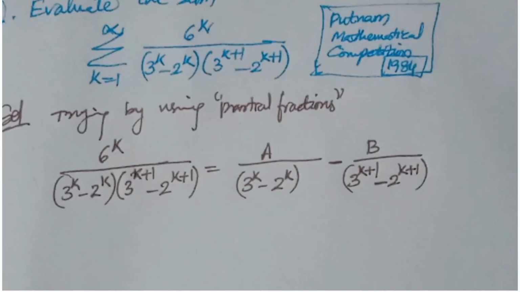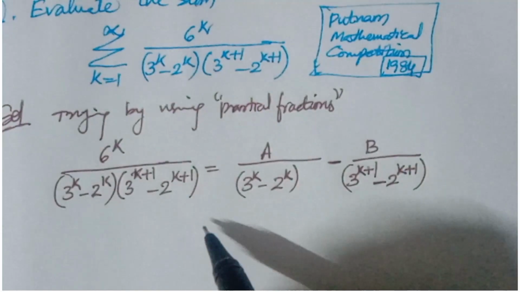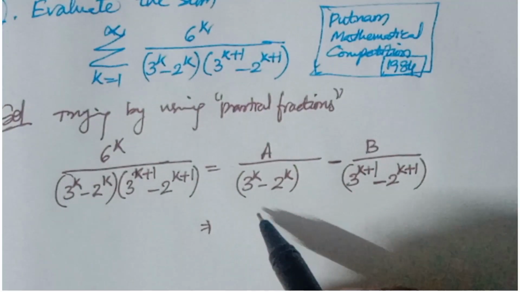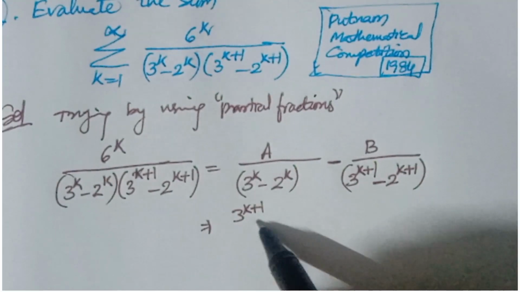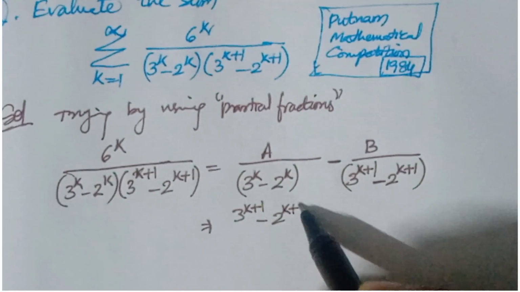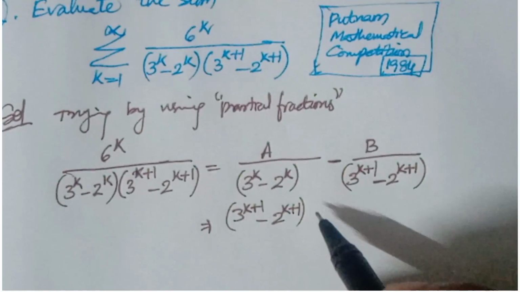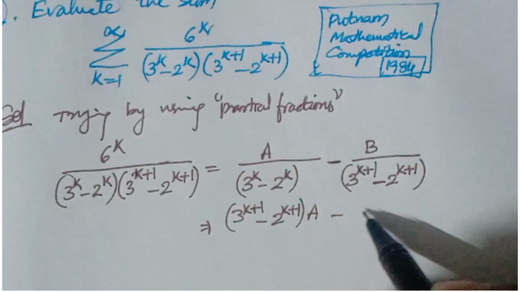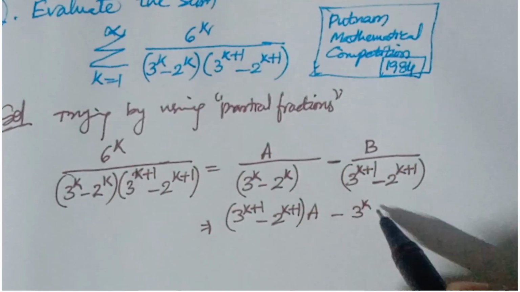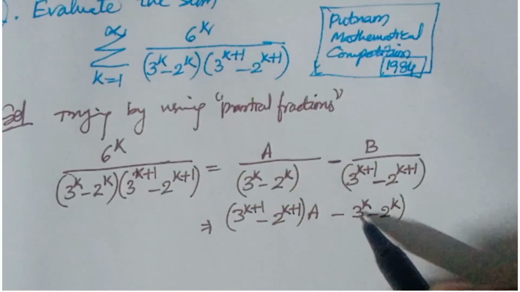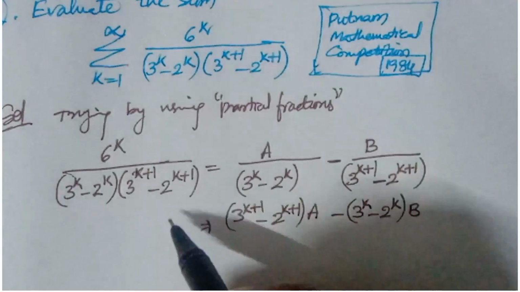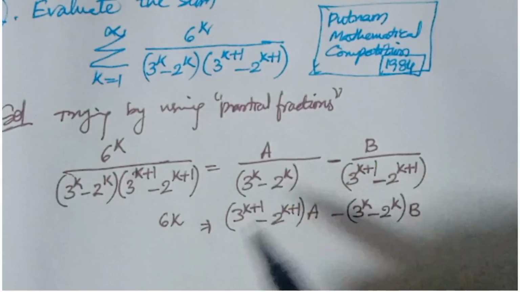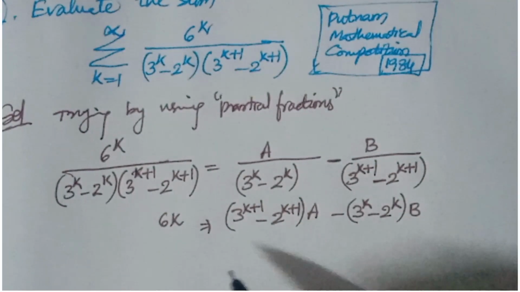So here if you take the LCM, what will we get? (3^(k+1) minus 2^(k+1)) into A minus (3^k minus 2^k) into B. Here we'll get 6^k; the denominators both get cancelled.